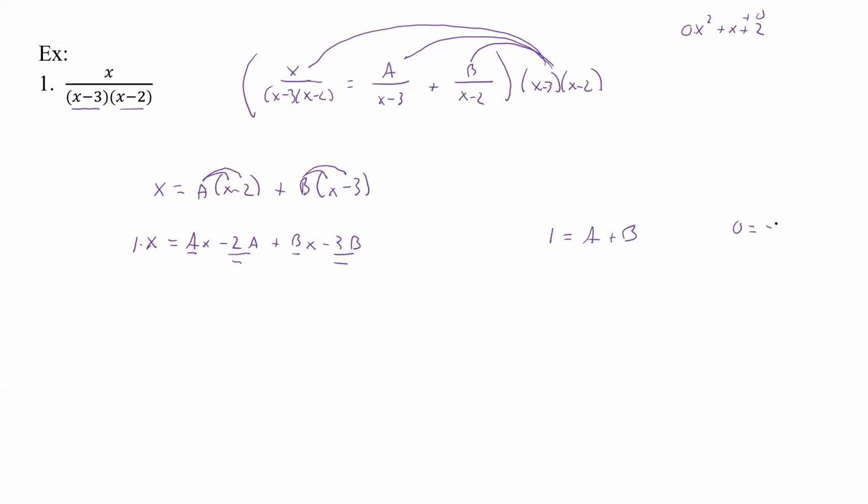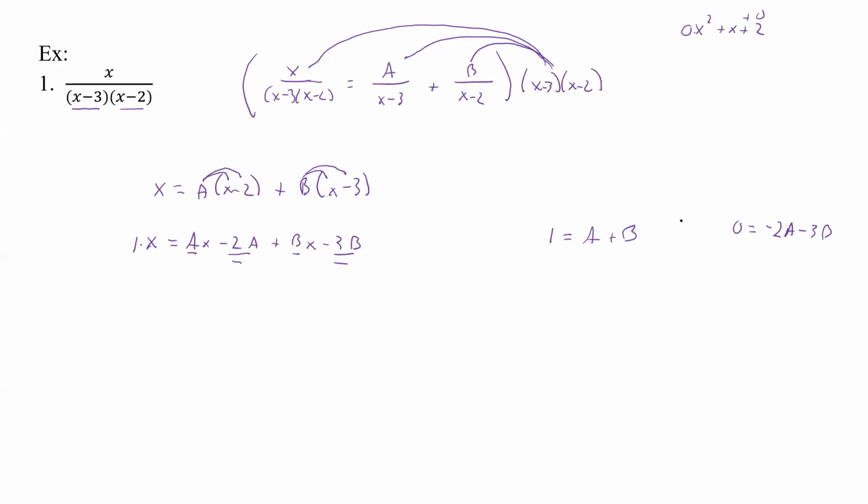Now we set the coefficients of the terms on the left equal to the coefficients of the terms on the right. So now we have two equations: 1 equals a plus b, and 0 equals minus 2a minus 3b.